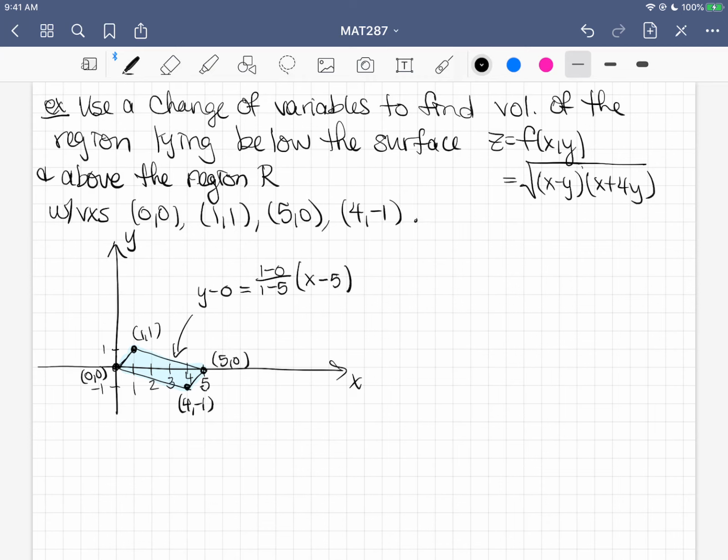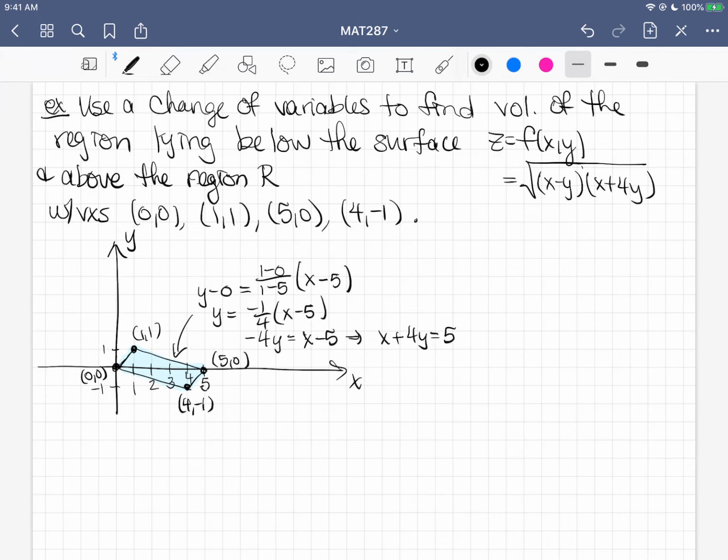I've used (5, 0) as my point, which gives y equals negative 1/4 times the quantity x minus 5. Now if I multiply through by negative 4, I get negative 4y equals x minus 5, and then let's rearrange. So this says x plus 4y equals 5.